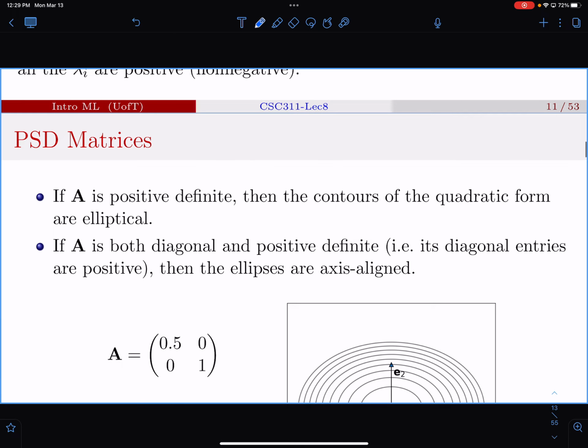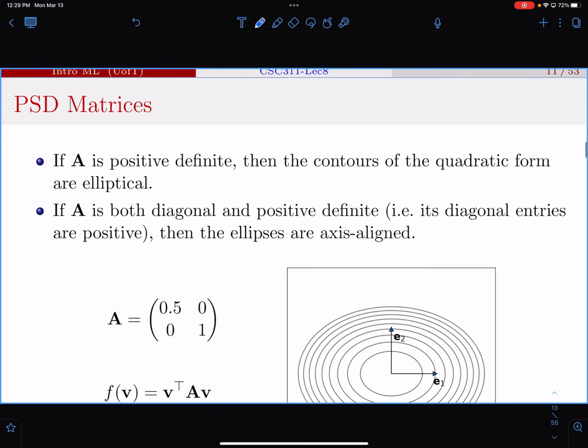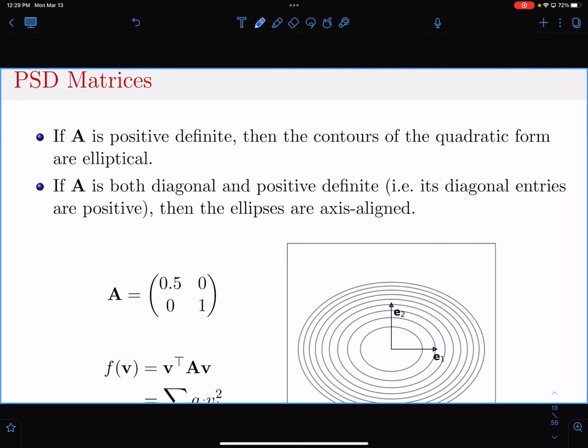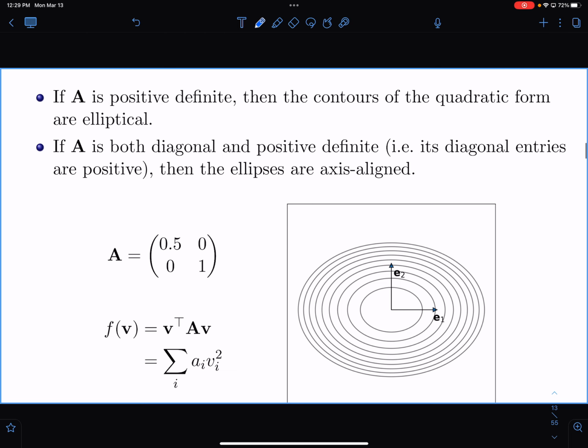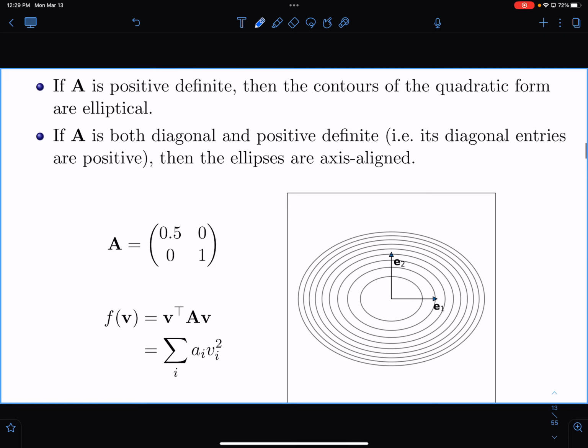Okay, let's try to picture a few of these, because we'll see how this relates to the geometry of multivariate Gaussians pretty soon. So if A is positive definite and diagonal, it's going to be exactly axis aligned, meaning each of its main axes is parallel to the x or the y axis.